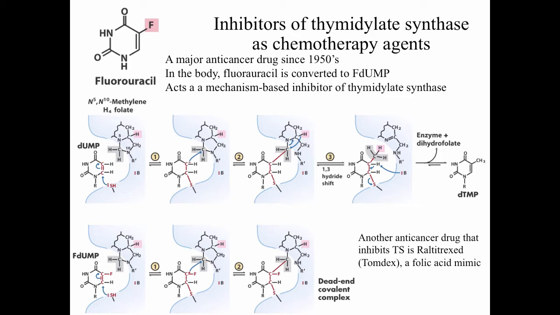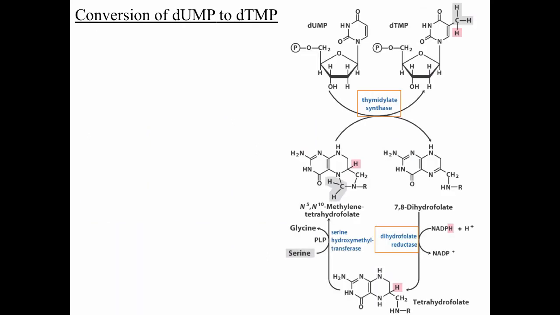So that's how this drug works in terms of acting as an anti-cancer agent to essentially inhibit the synthesis of dUMP, and then that actually inhibits, right, DNA replication, because you need thymine nucleotides to be able to replicate DNA.